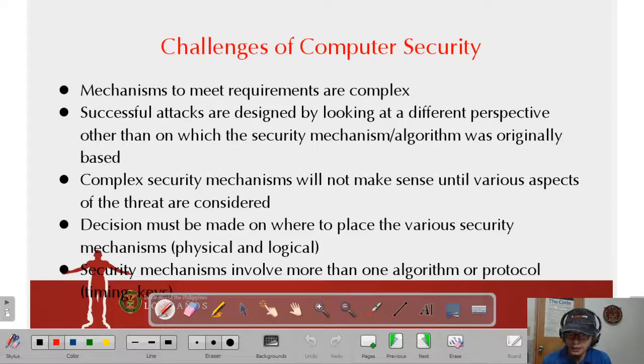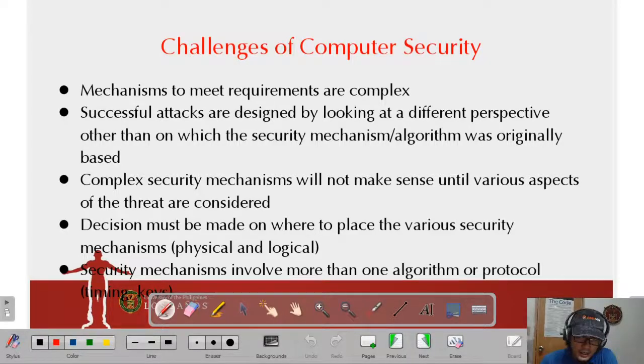Anyway, the next item on our list are the challenges of computer security. Why is computer security challenging? The first one is that the mechanisms to meet requirements regarding security are quite complex.